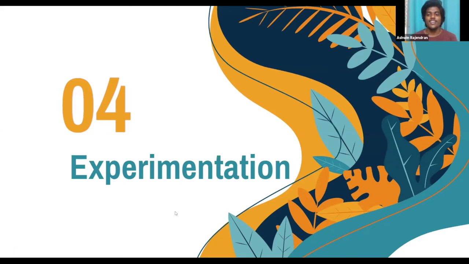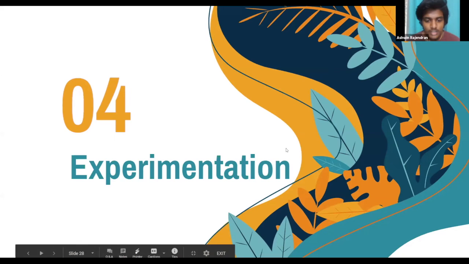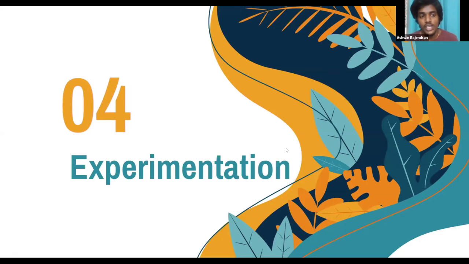Moving on swiftly to the next step, which is experimentation. So far we went through three steps: discovery, interpretation, and ideation. In discovery we are emphasizing, in interpretation we are deeply analyzing the problem, and in ideation we are cracking a solution.